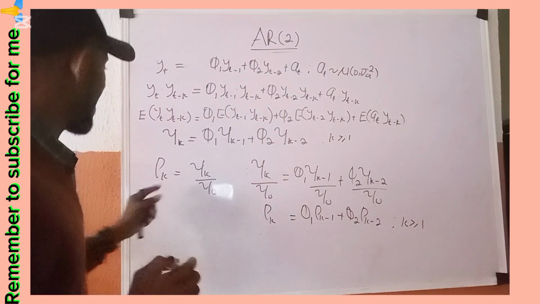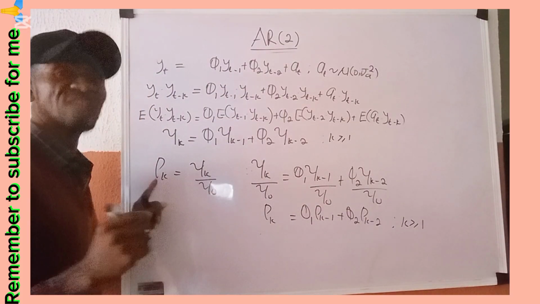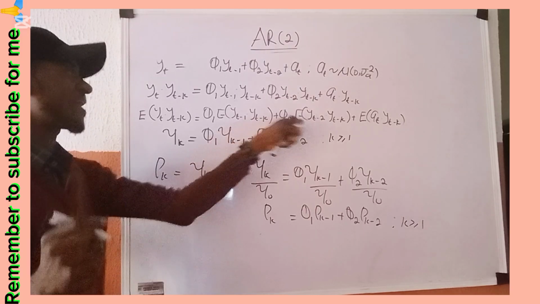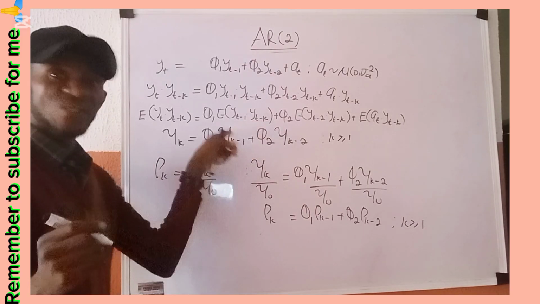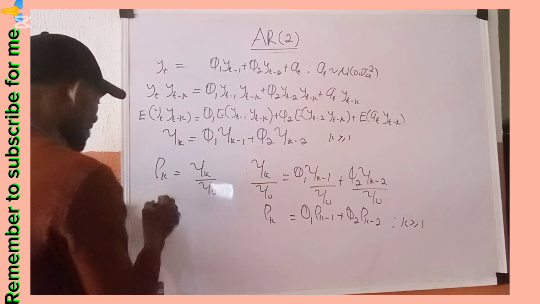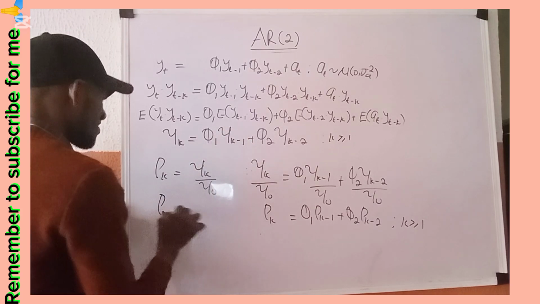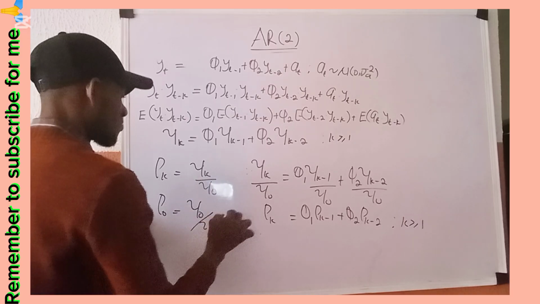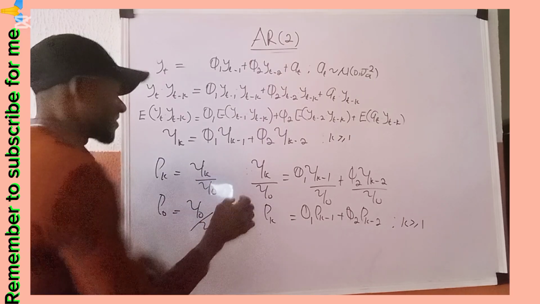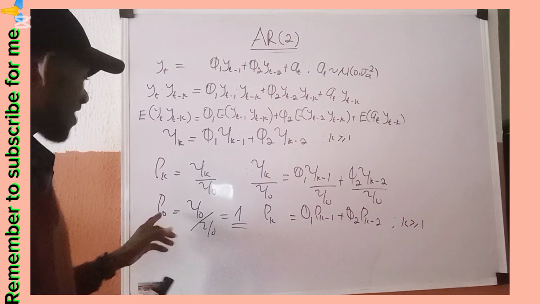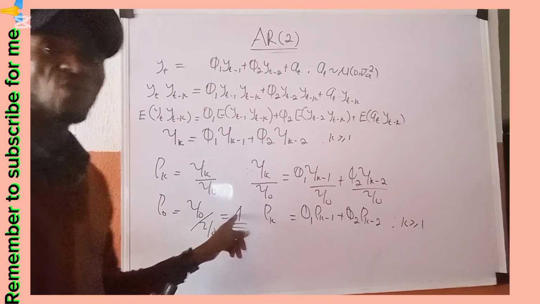If k becomes 0, see from this expression why we are not paying attention to it here. When k is equal to 0, rho 0 is equal to gamma 0 over gamma 0, which is equal to 1. That's the reason why the autocorrelation at lag 0 is equal to 1.